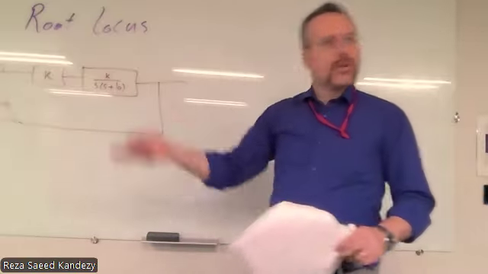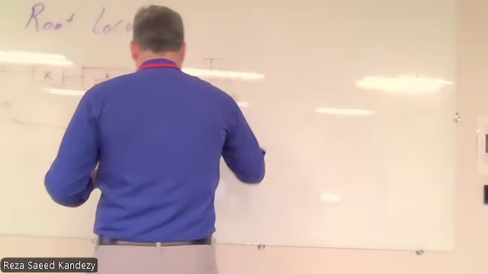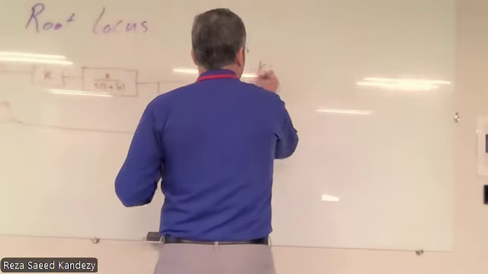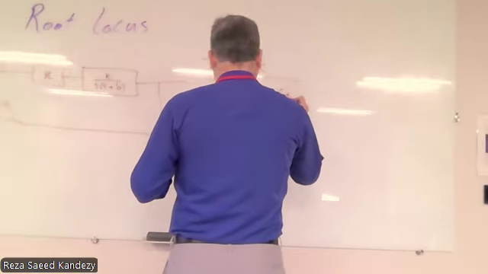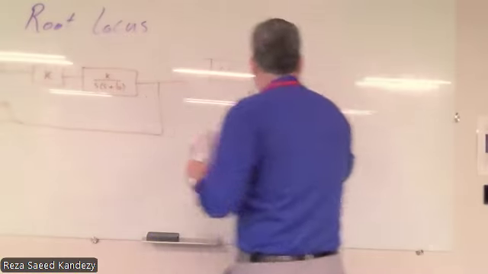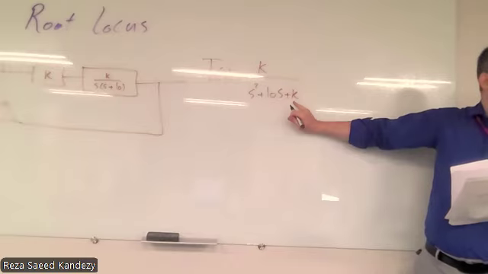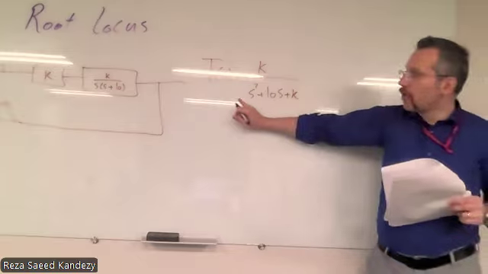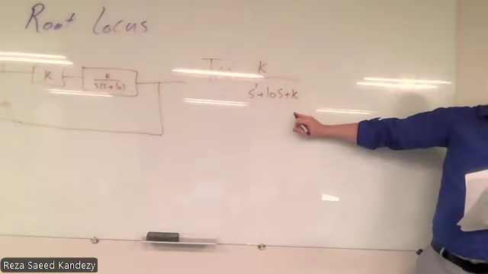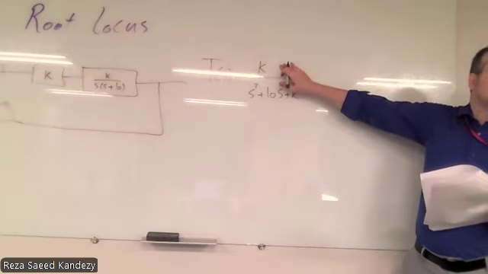If you run the math, I'm not going to do that, our transfer function is going to be k over s squared plus 10s plus k. We have a second order system, but now we have some unknown values in our transfer function that, if they change, would move our poles. Are we good? And we don't have any zeros because we have a constant in the numerator.